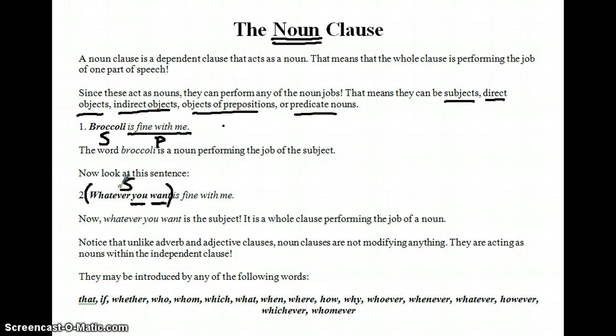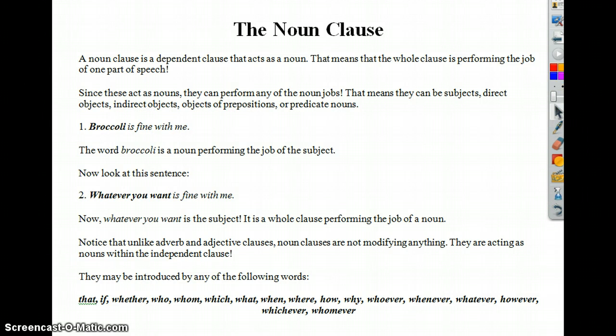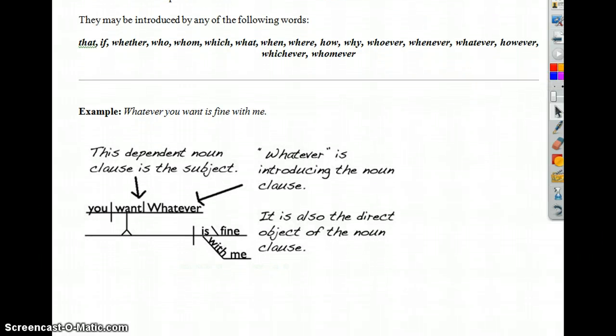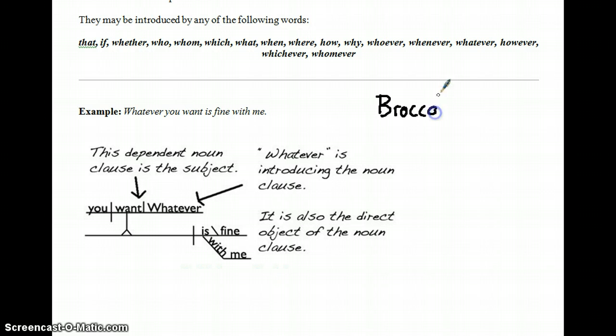So let's take a look at how to diagram these things, okay? It's a little bit different than anything we've done so far. So I'm going to scroll down, and we will take a look at that sentence. Whatever you want is fine with me. So, if we diagram broccoli is fine with me, we know that we would do this.